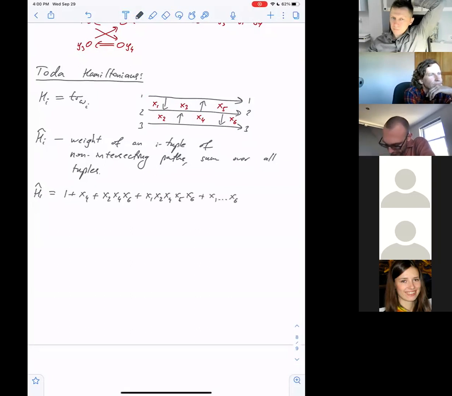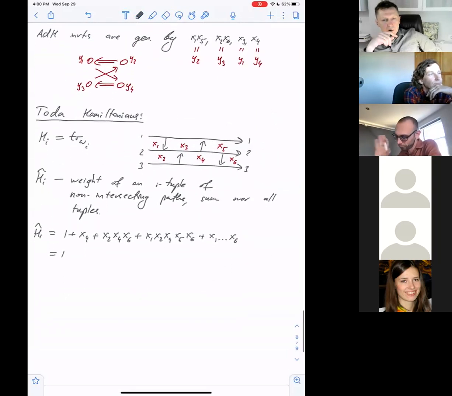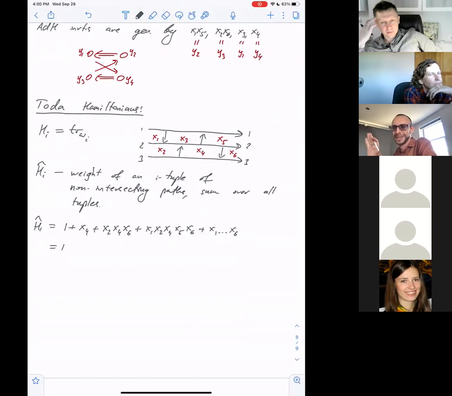And now if I want to rewrite it in terms of the variables that we called y here, you see how all of these depend on the products. They don't depend separately on x1 and x5, but they depend on the products x1 x5, and the same for x2 x6.